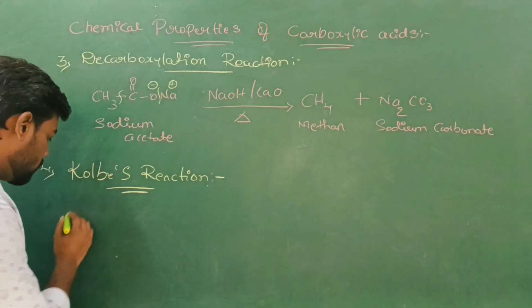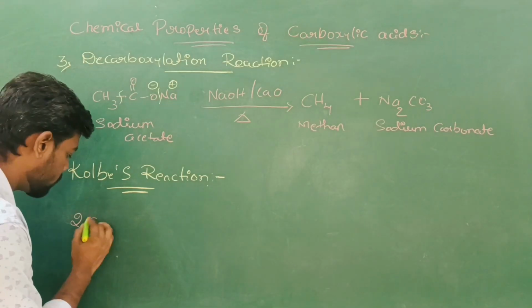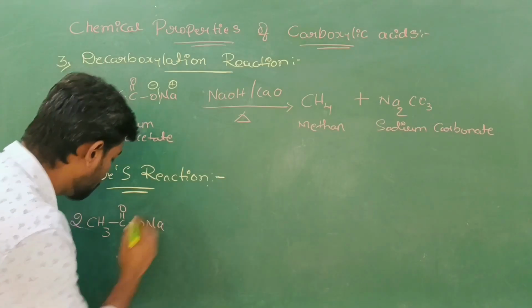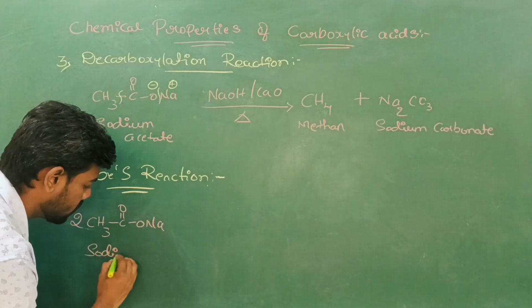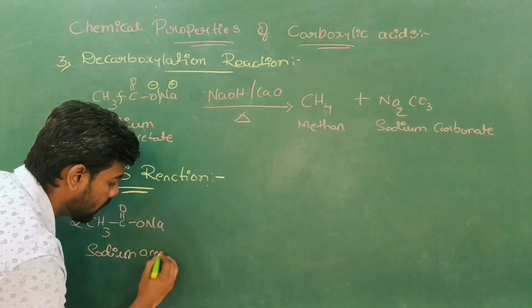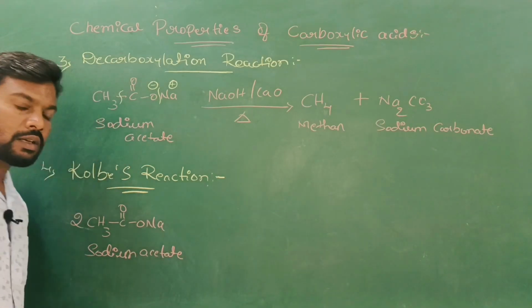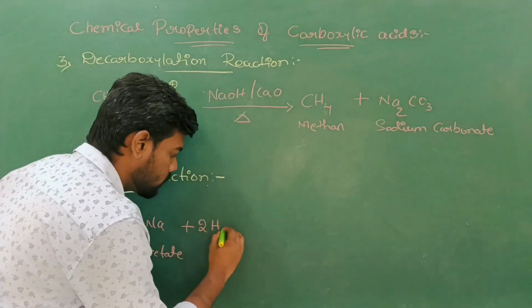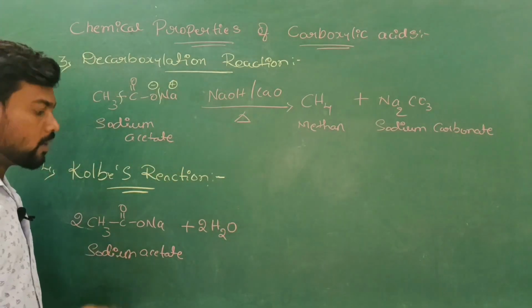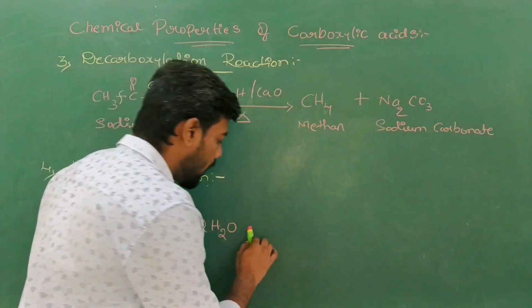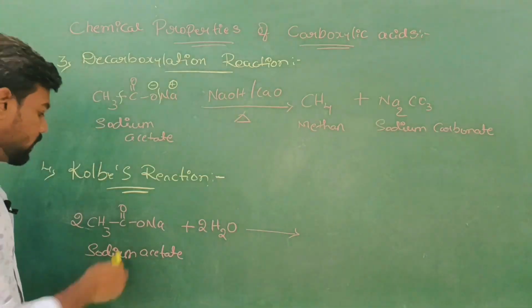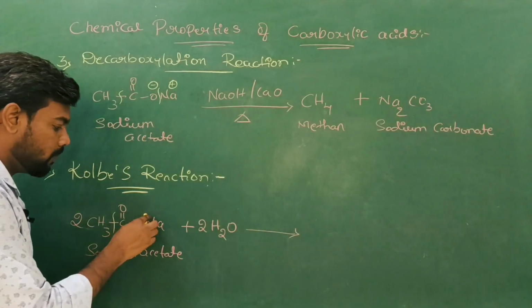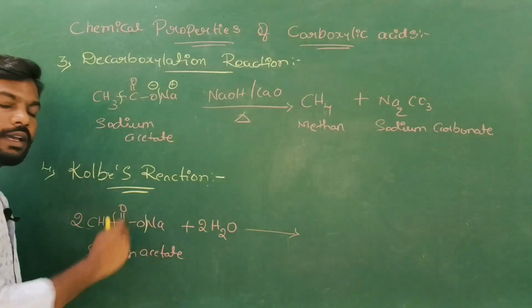When two molecules of sodium acetate react with H2O, which means they undergo hydrolysis, there will be a bond break between the CH3 and carbon bond, and a bond break between oxygen and Na plus.